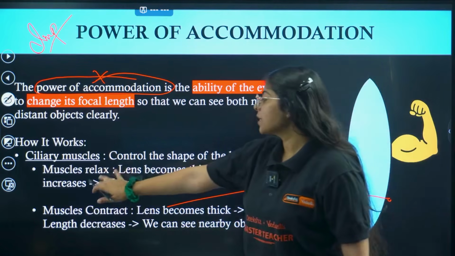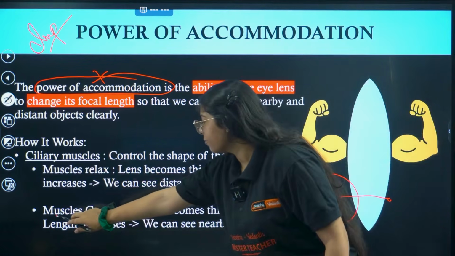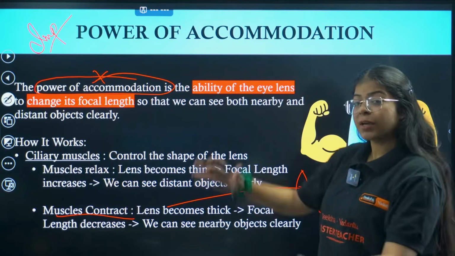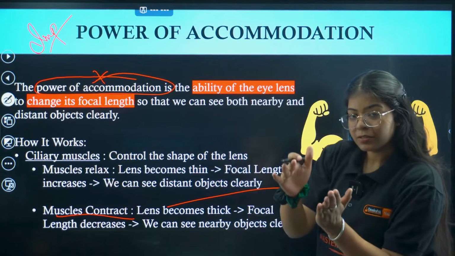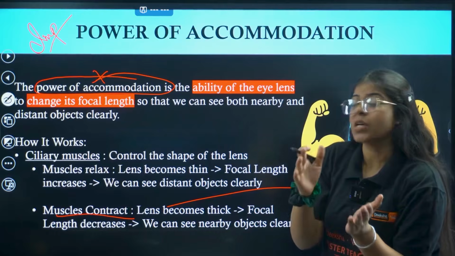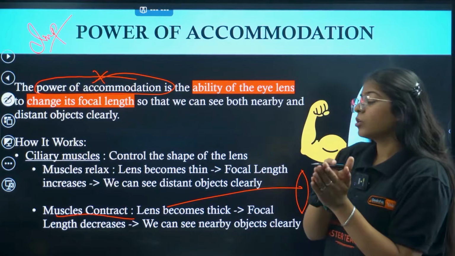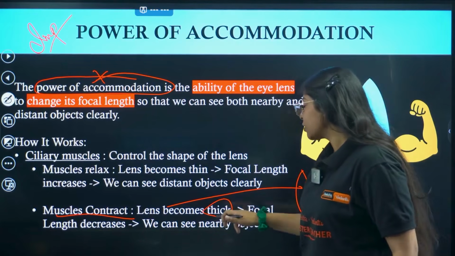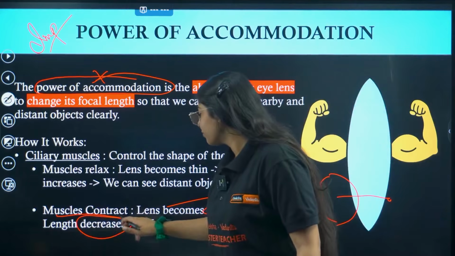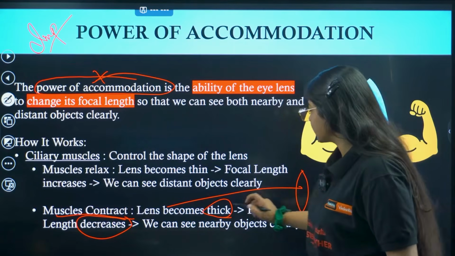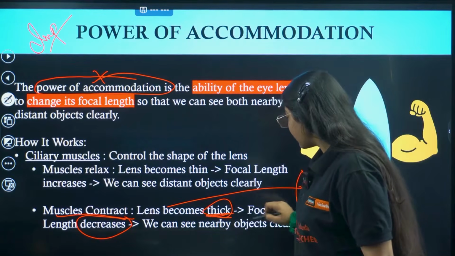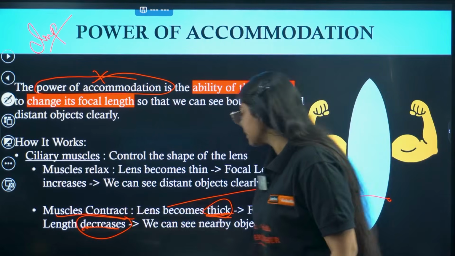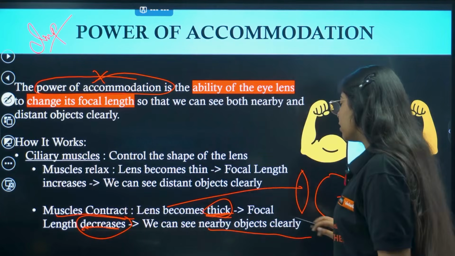If the muscles contract, the lens becomes thick. It compresses, so the lens becomes thick. Its focal length decreases. Okay, these are some highlighted things. It becomes thick, then focal length decreases and we can see nearby objects.